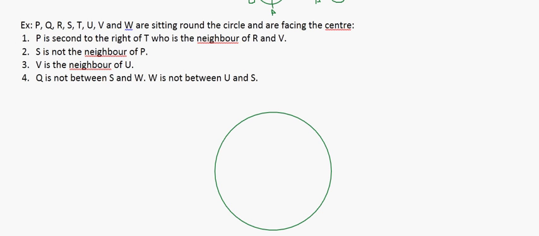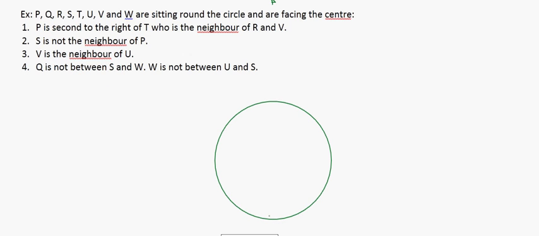So if we place T here, we have to place 2 positions to the right of T, which means we have to move counterclockwise. This is one position, this is second position, right? So P is here.